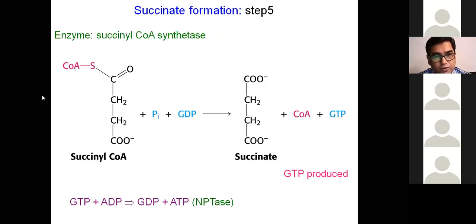In the next step, succinyl CoA is converted into succinate in the presence of enzyme succinyl CoA synthetase. Now, this is the reaction in which one molecule of GTP is formed, and that GTP serves as energy currency, energy source. तो इस reaction में GTP बनता है.